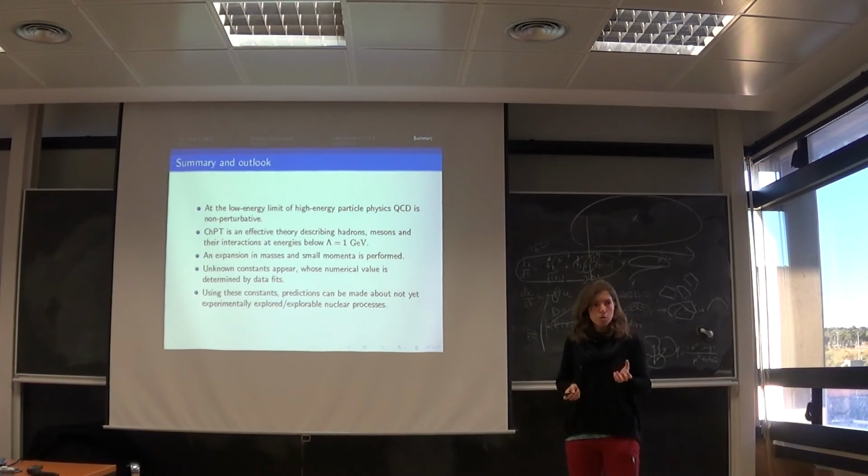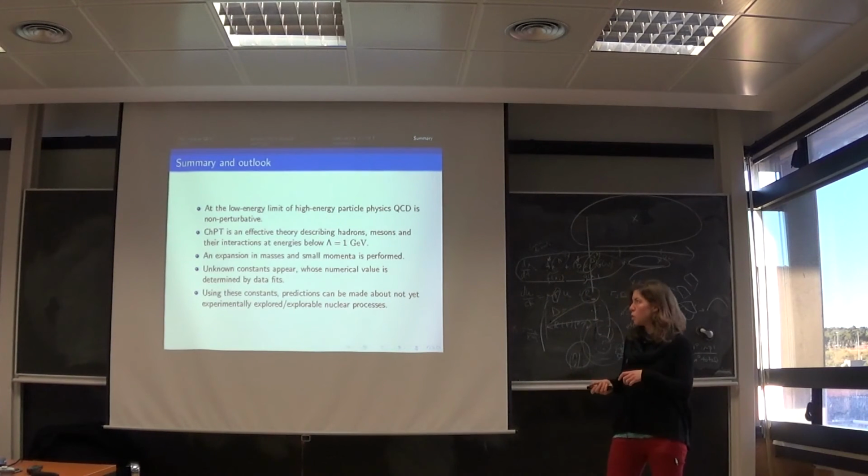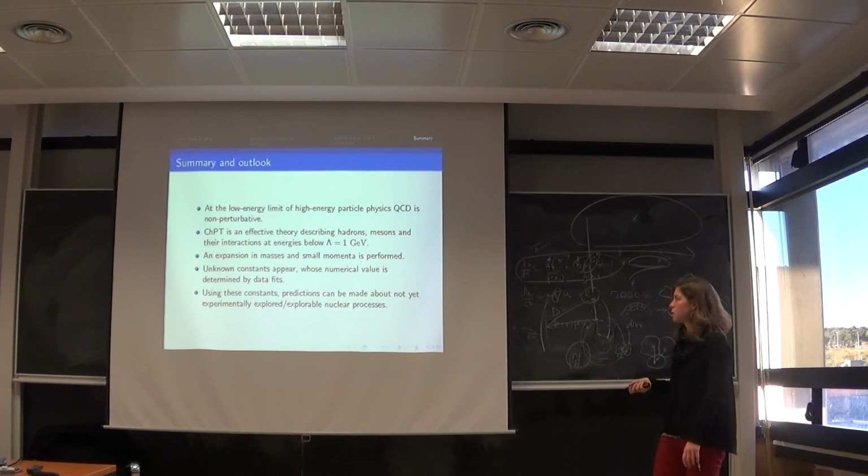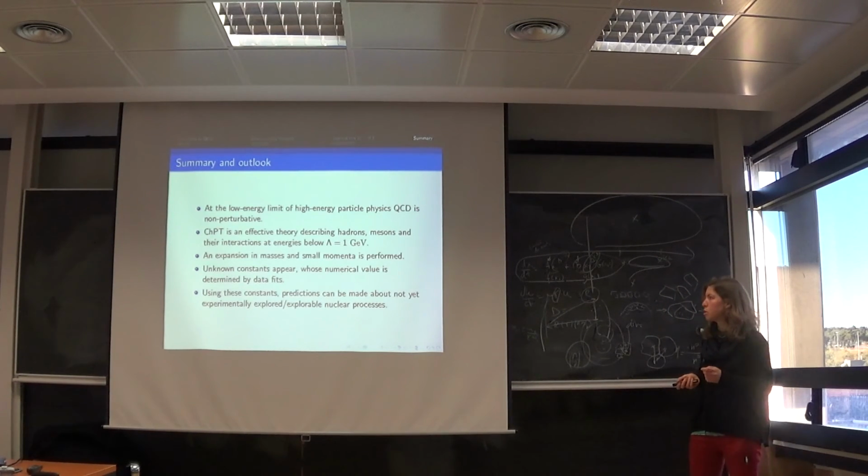And we take as new expansion parameter not anymore the strong coupling constant, but the mass of the pion over a scale, 1 GeV. And the main difference, I want to stress it again, is that while in QCD you use quarks and gluons, in chiral perturbation theory you really use protons, neutrons, and pions, ignoring the existence of quarks and gluons. And then you expand the theory, and for each order of expansion, a priori unknown constants appear.